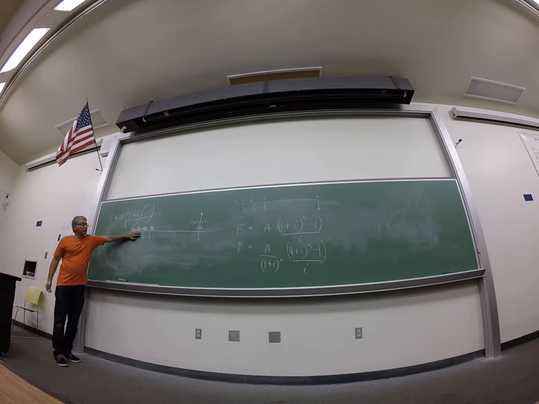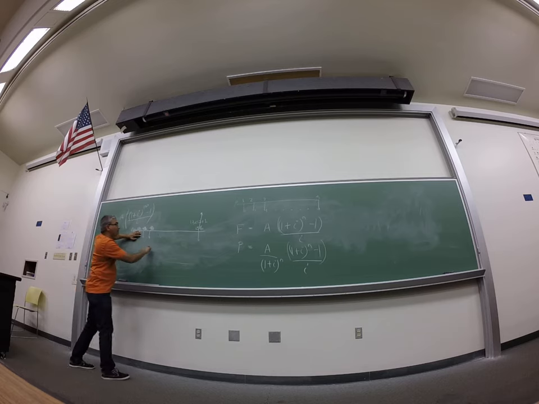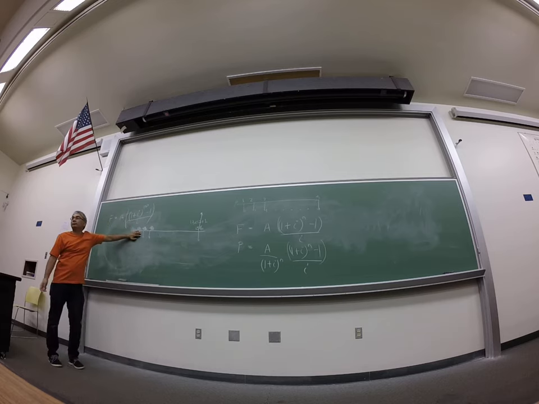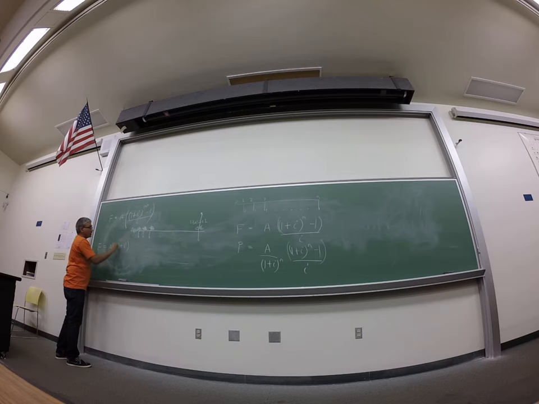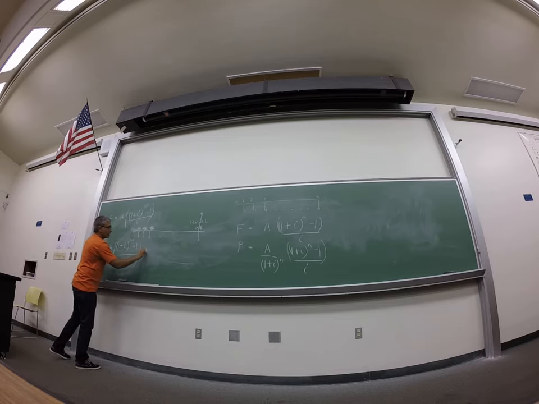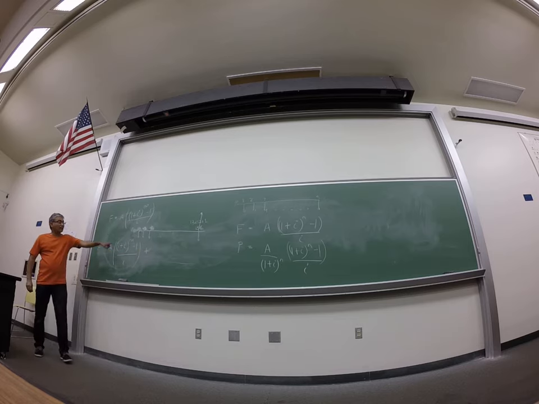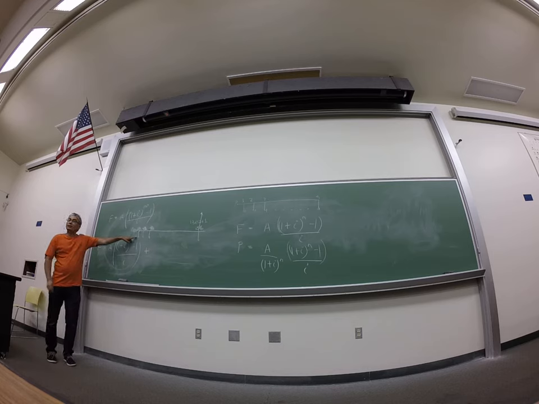Without this payment, you can apply the same formula, except what will be n? 156, right? So the future value is going to be A times 1 plus i to the power 156 minus 1, divided by i, plus this one payment, right?